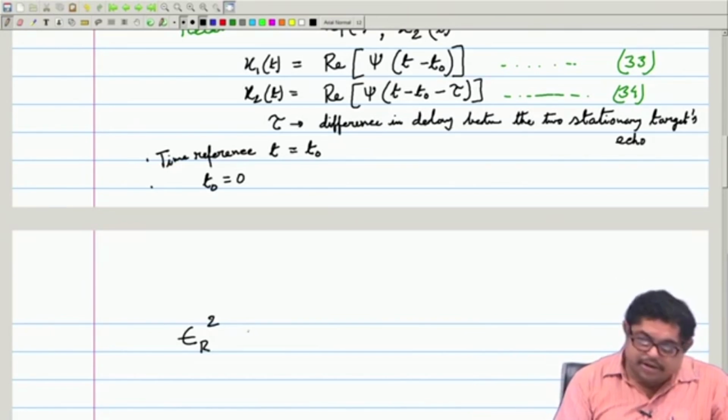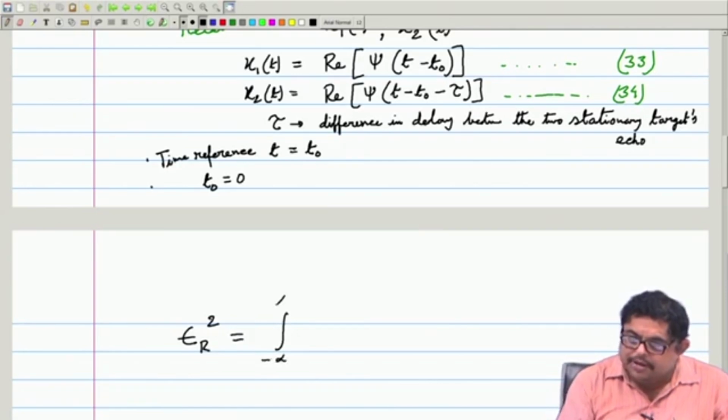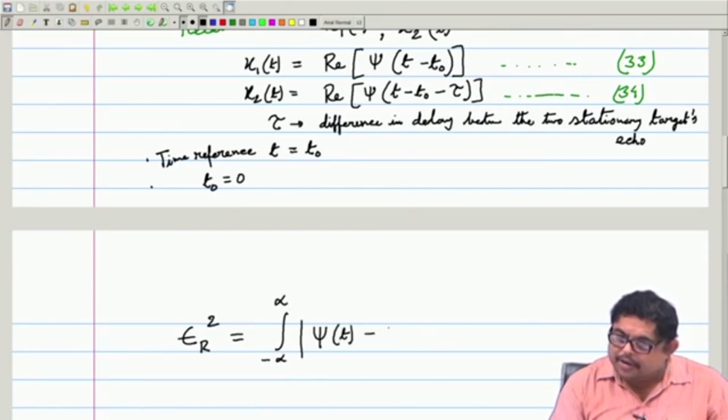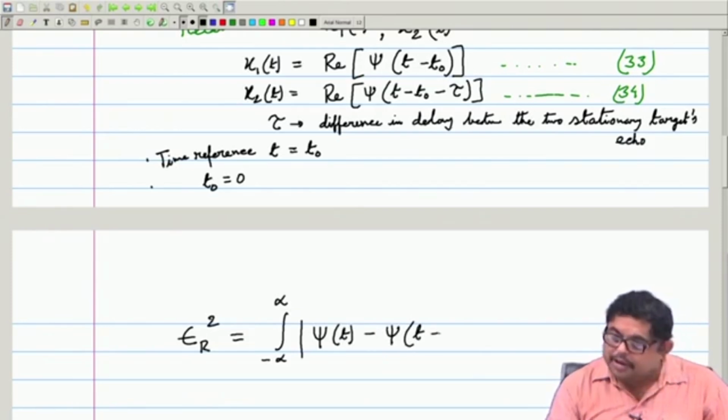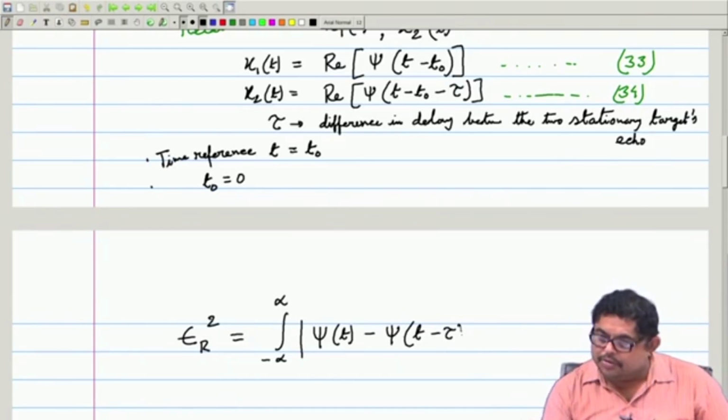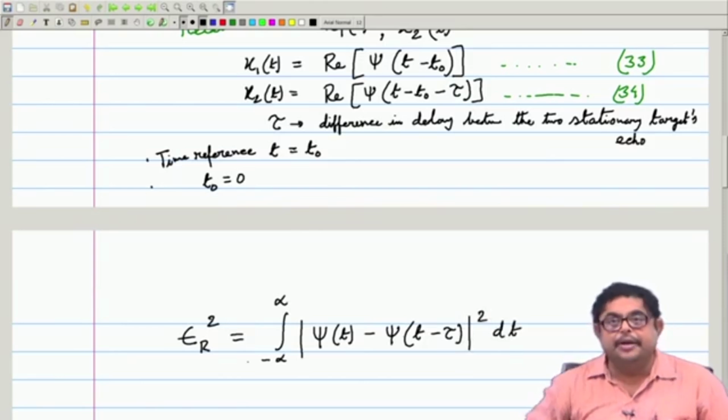So, we are making the square error, that is, minus infinity to infinity, of psi t minus psi of t minus tau. You see, tau naught I have made 0 without loss of generality. So, let me see this error.